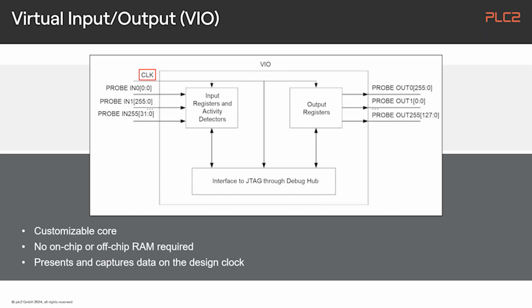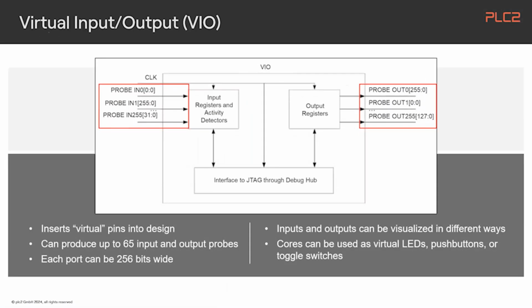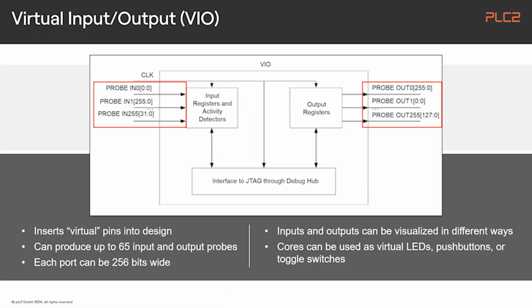Unlike the ILA core, this doesn't necessarily need on-chip RAM, so block RAMs. Instead, it presents and captures data on the design clock, which is linked to this clock signal. So you can insert virtual input-output signals.